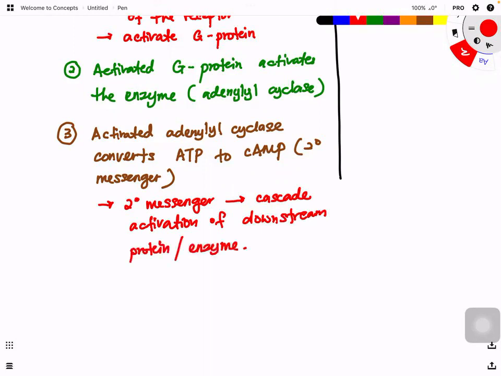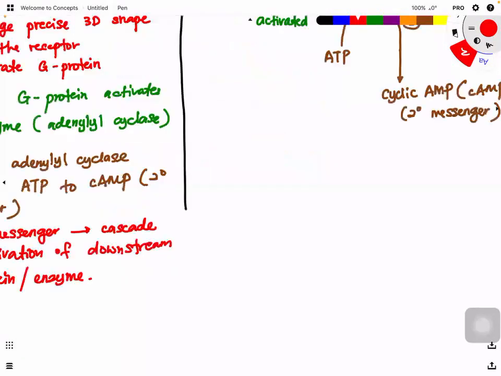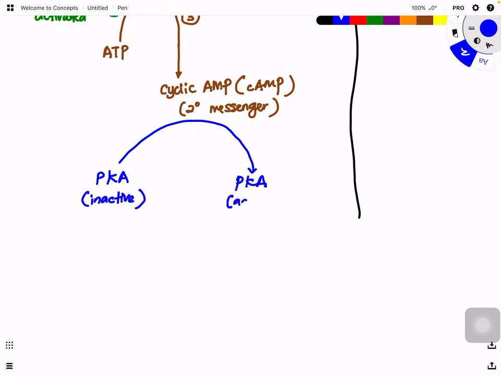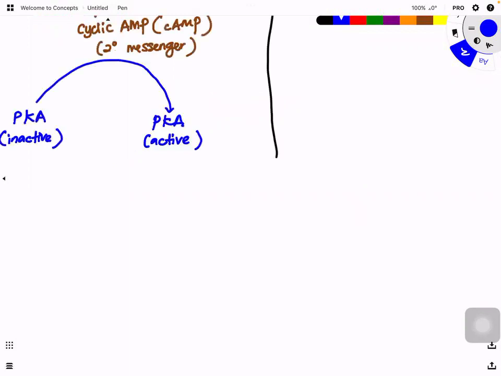So what is the enzyme involved here? This cyclic AMP is involved in the activation of protein kinase A, PKA. So this is inactive, and now it becomes protein kinase A, which is active.